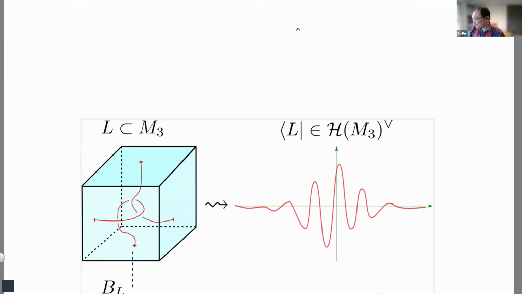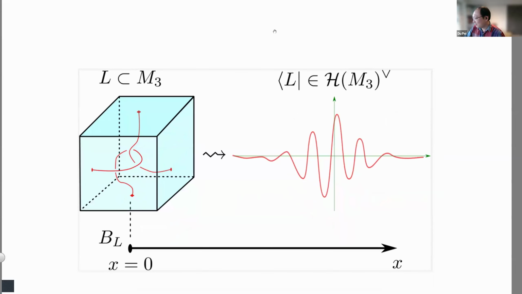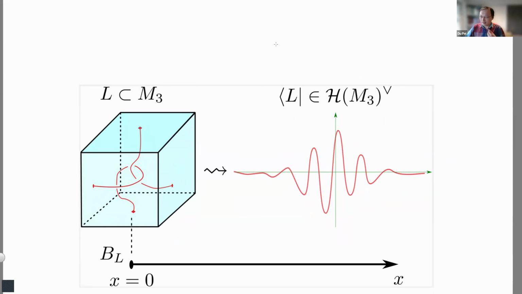Okay, so this is an illustration of the proposed embedding. So what is this picture? So one has the 4D N equals 4 theory, perhaps with topological twists, on a three manifold.